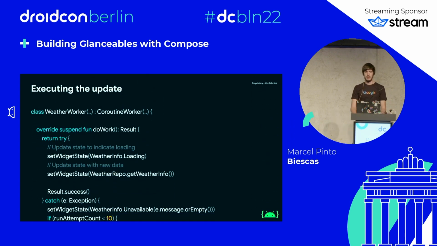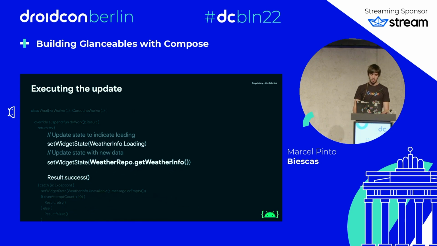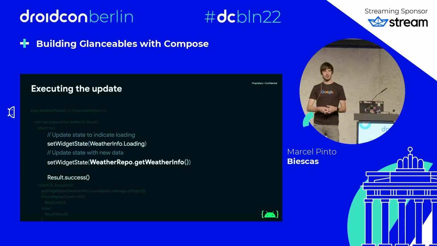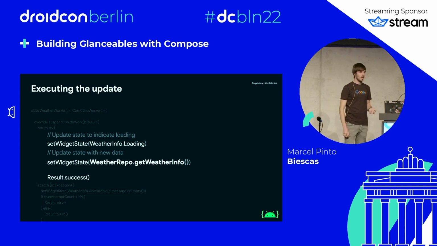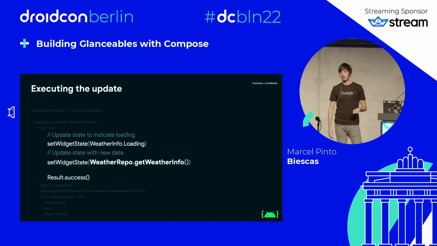So now let's implement our worker. We will use the CoroutineWorker to first set the state of the widget to loading, for example, to tell the user that something is loading or refreshing. That can be done directly here from the same thread. And then we will make the blocking call to the network, that is, get the weather information.